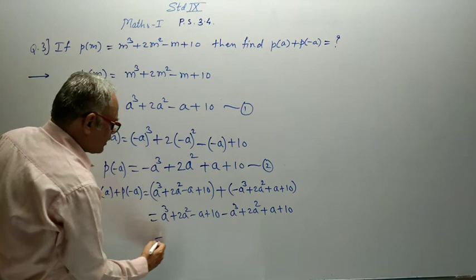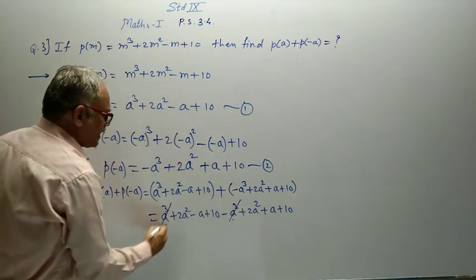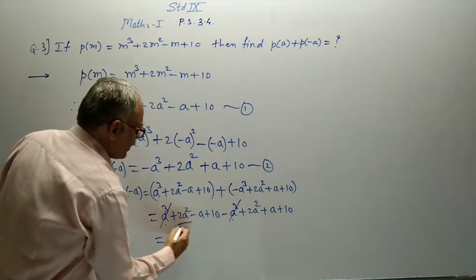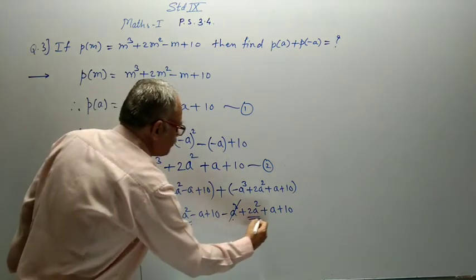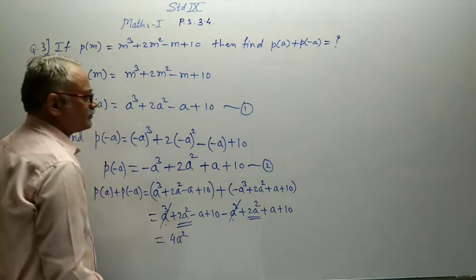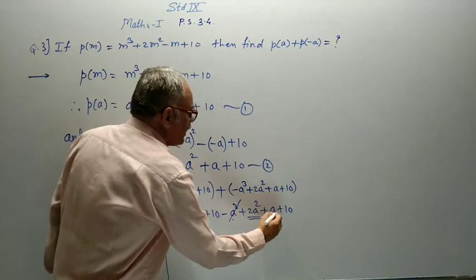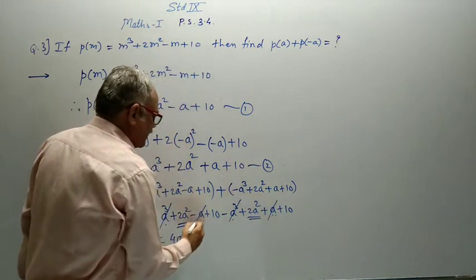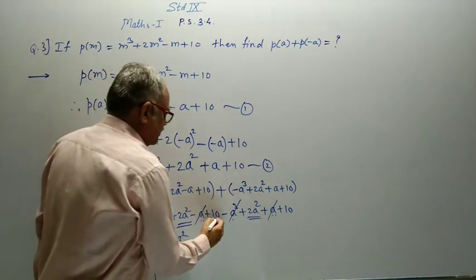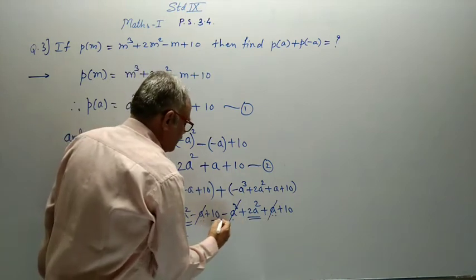Now add like terms. A cube minus a cube, exactly opposite, get cancelled. 2a square plus 2a square, both are positive, become 4a square. Minus a plus a cancel. 10 plus 10 is 20.